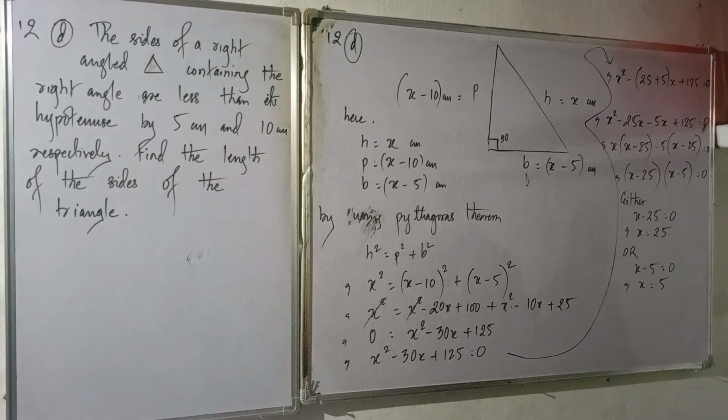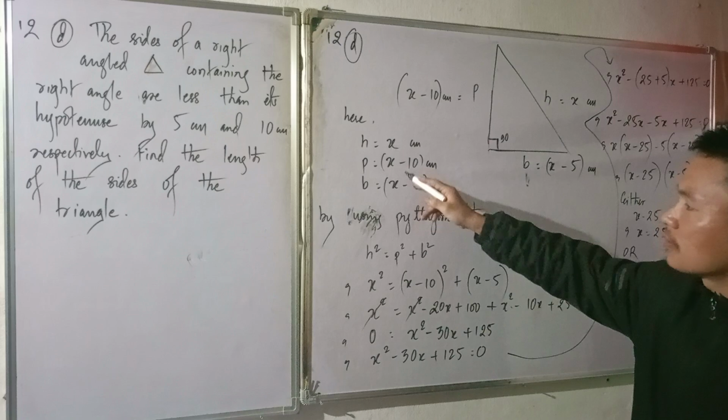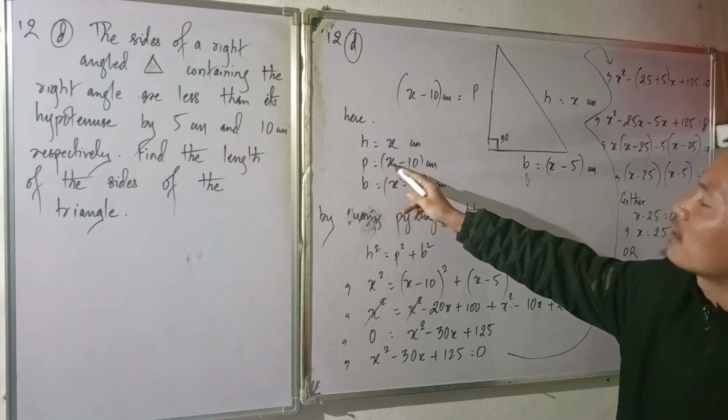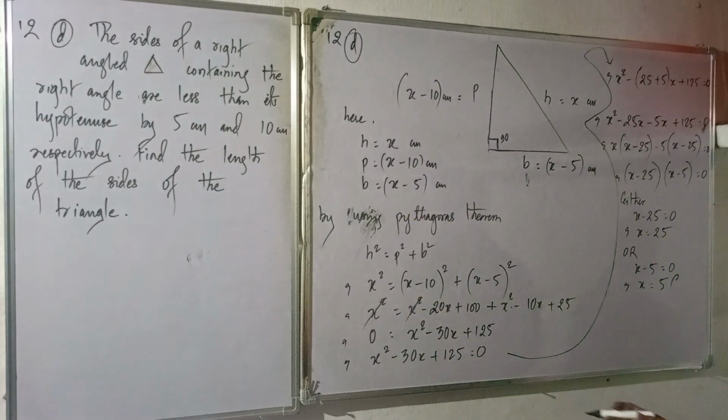In this case, you just see the situation. If you take x value 5, this will contradict the rest of the situation. If I replace the value of x by 5 here, 5 minus 10 will be negative 5, which cannot be the side of any triangle.